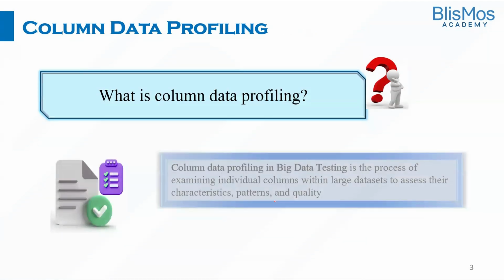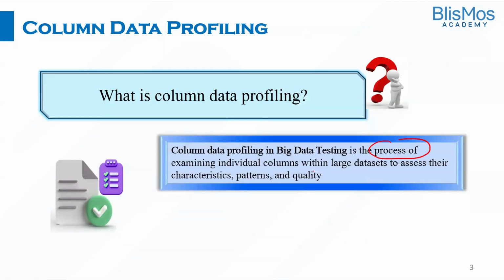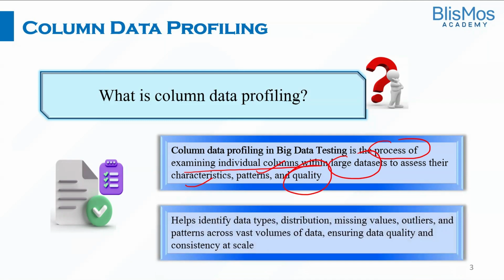Column data profiling is the process of examining individual columns within large data sets to understand the characteristics, patterns, and quality of the data that exists in those columns. As a part of column data profiling, we'll understand what the data types in that column are.